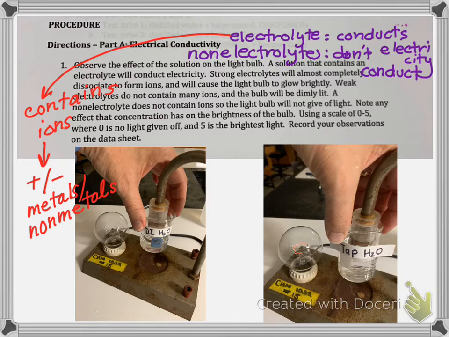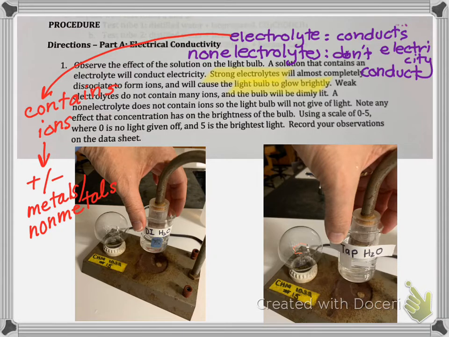Now, I think it would be very helpful if you don't already have your procedure out so you can look along as well as get your data page, and specifically for part A, the electrical conductance. So as you look at the pictures, you can write down what is being asked of you. It says here that strong electrolytes will almost completely dissociate to form ions and cause the light bulb to glow brightly.